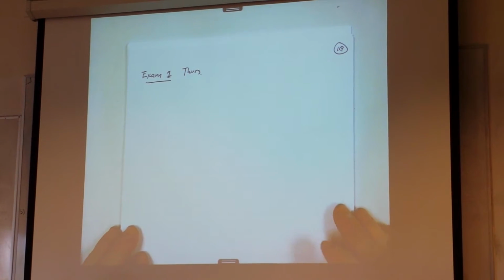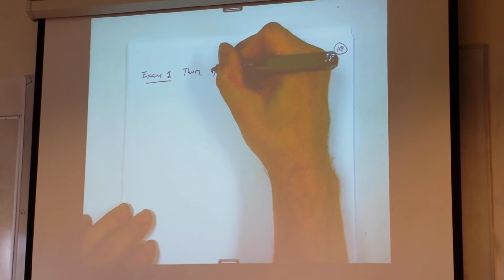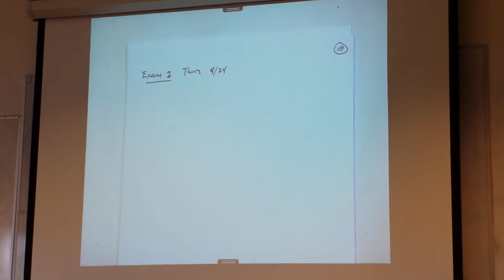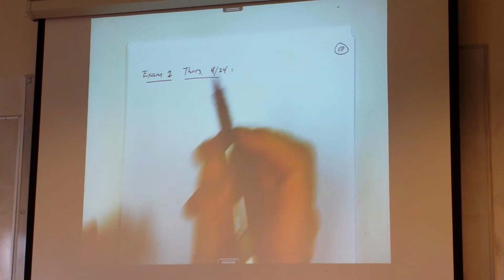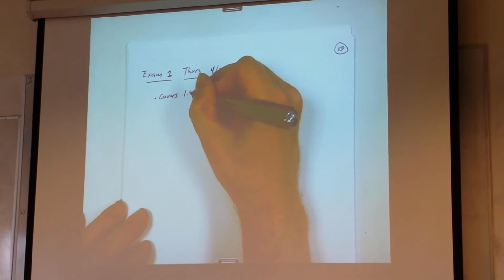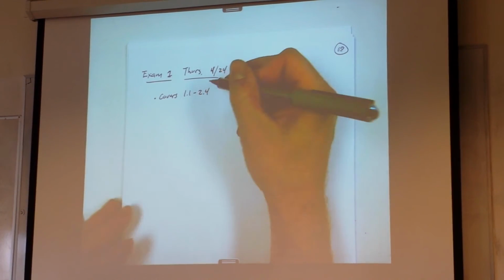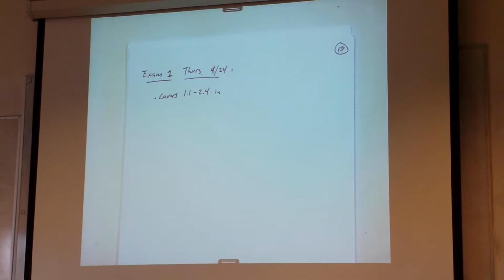All right. So Thursday the 24th. Tomorrow's Wednesday. Okay. So we got our exam, and it's going to cover 1.1 through 2.4 in the book. Now, does that mean there's going to be types of problems from every section?